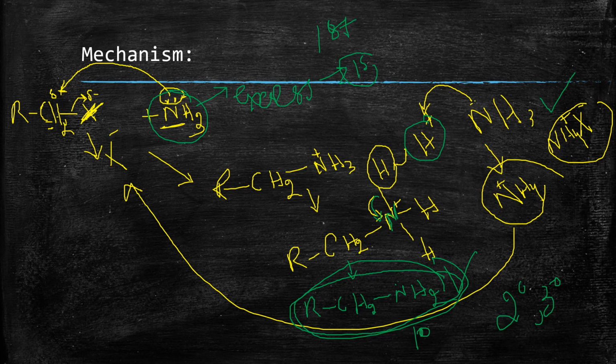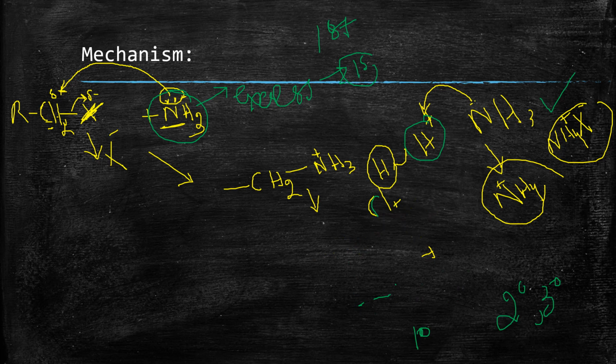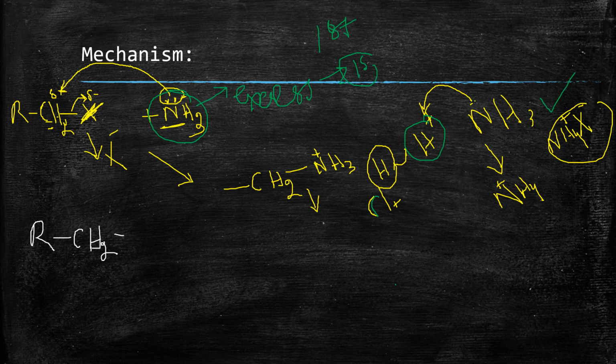For example, in the first step of the reaction, we got something like this. Let me erase some things. All right. In the first step of the reaction, what we got is this. Let me try it with a red pen. We got R, CH2, NH2.